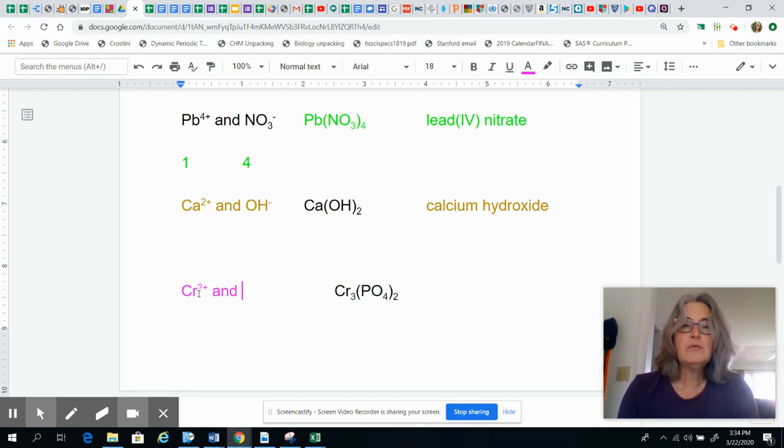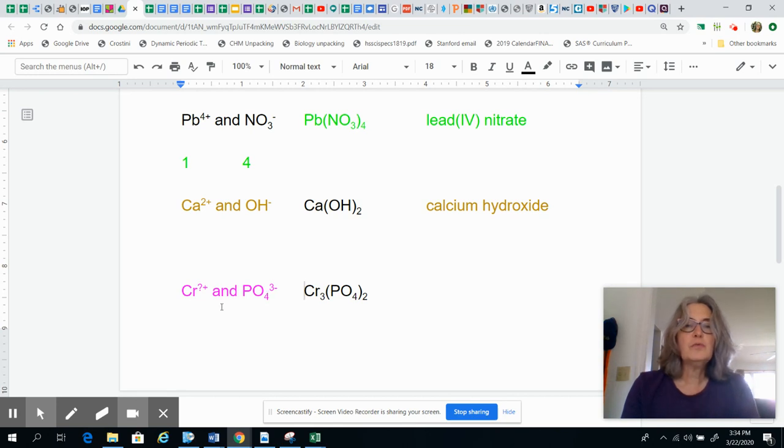And our negative ion, PO4, and if you look that up, jumping ahead, the name is phosphate and the charge is 3-.